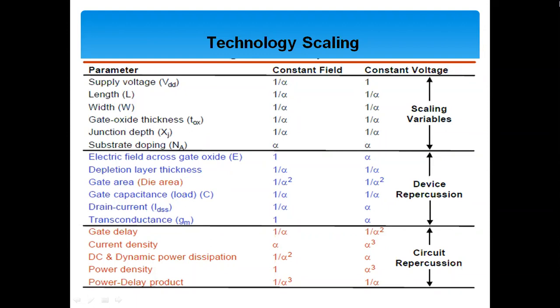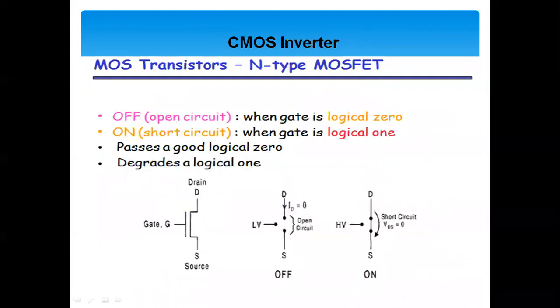Now what is device repercussion? Electric field across gate oxide and depletion layer thickness are the fixed quantities. Then gate area, gate capacitance, drain current, and transconductance. Now circuit repercussion: gate delay, current density, DC and dynamic power dissipation, power density, and power delay product are also going to scale down. Okay, so this is about the technology scaling.